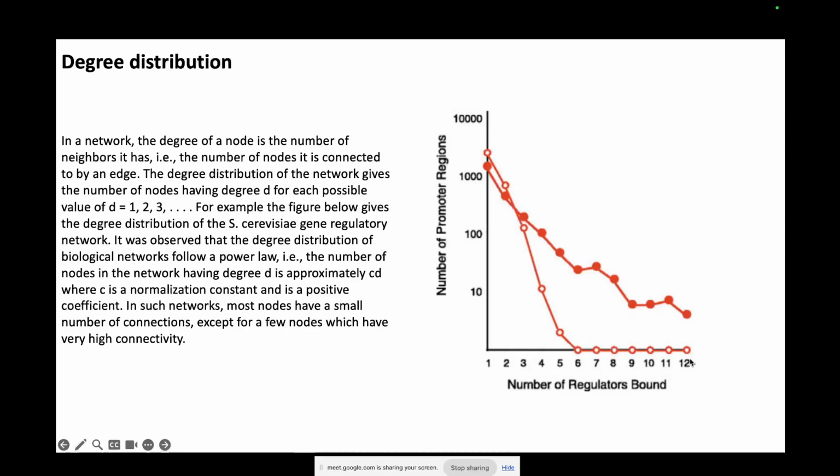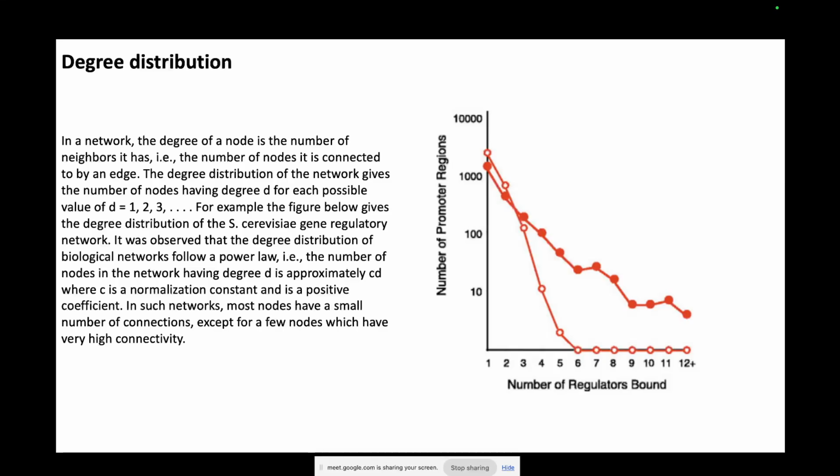This is something that is observed in real world networks: you'll have nodes which are more connected, less in number, and nodes which are less connected, more in number. That is the idea that I want to get across from this particular slide.